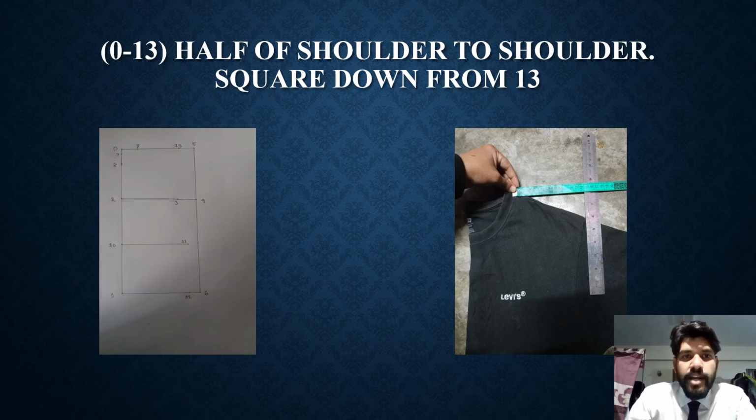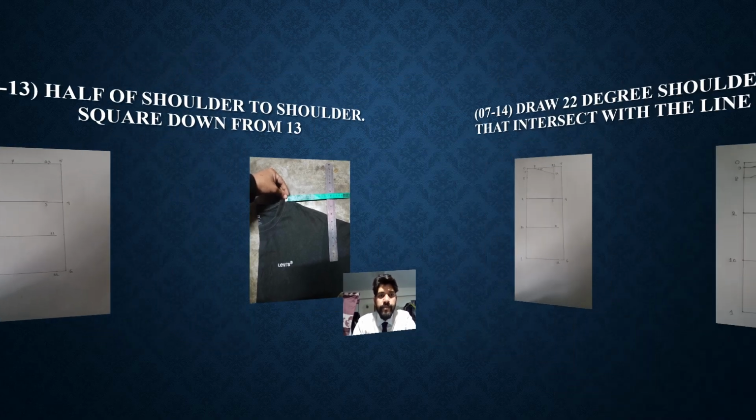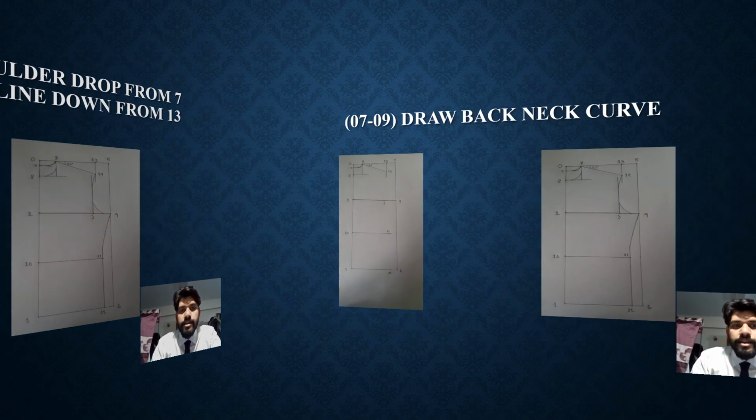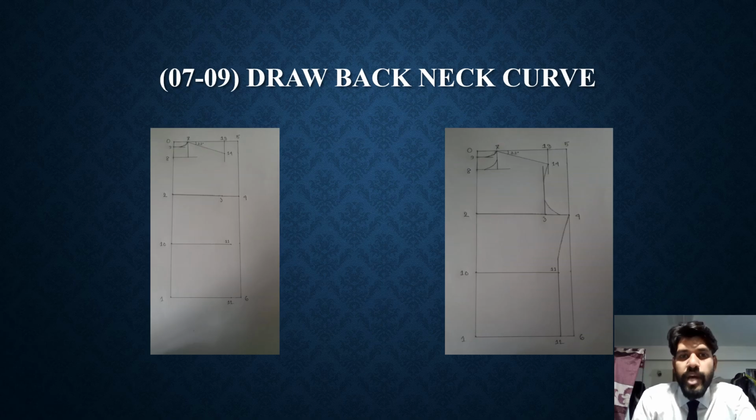0 to 13. Half of shoulder to shoulder, square down from 30. Next slide. 07 to 14. Draw a 22-degree shoulder from 7, intersecting with the line down from 30. Next slide. 07 to 09.